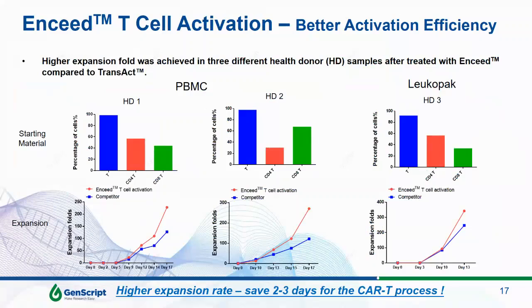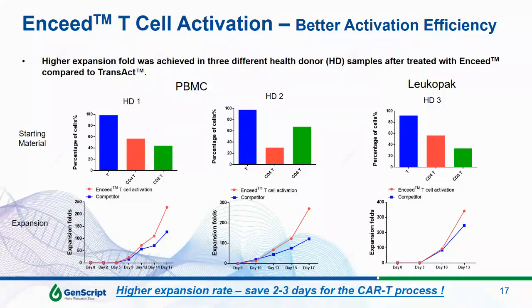Besides the isolation reagents, CD4 and CD8 beads, we would also like to introduce one of our blockbuster products, the Enceed T-cell activation reagent. For the expansion reagent, a better way to show it is definitely by fold change, because that is more relevant to the downstream application. Here we chose 3 different donors, including 2 PBMC and 1 leukopak.